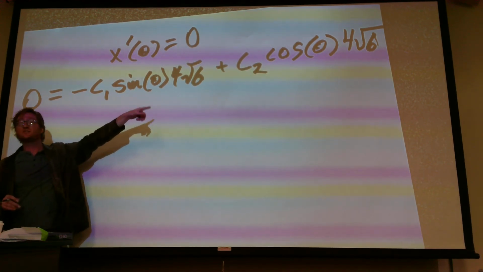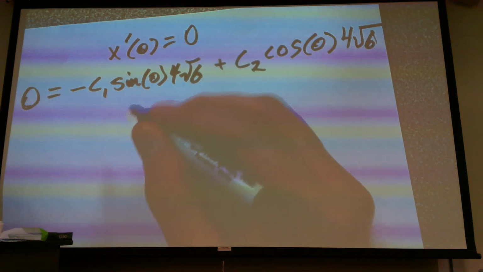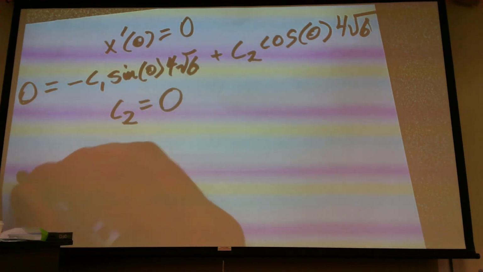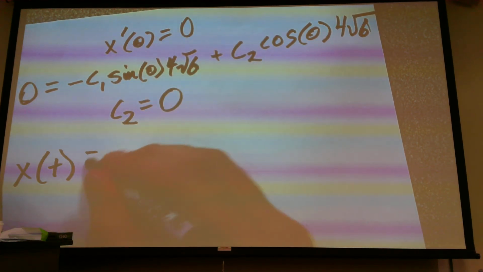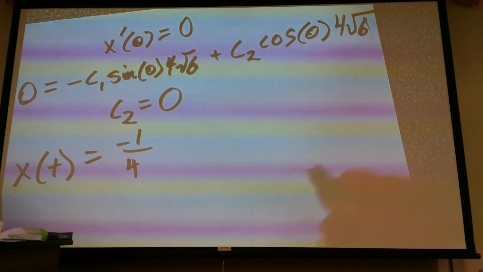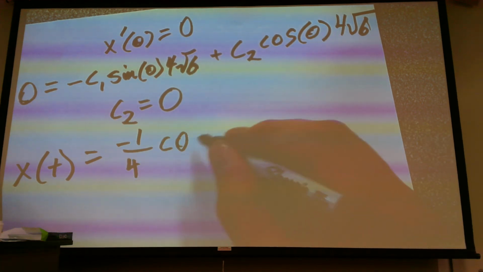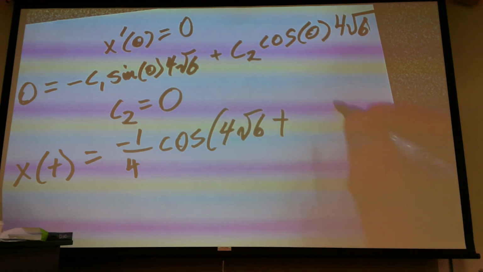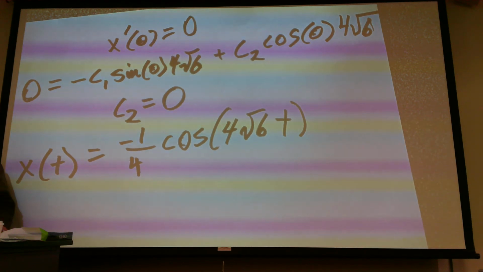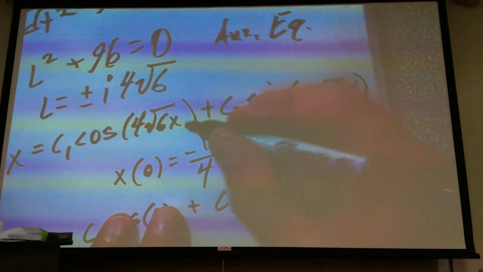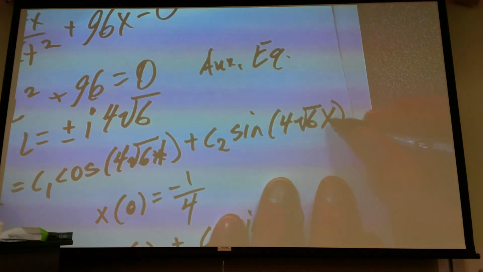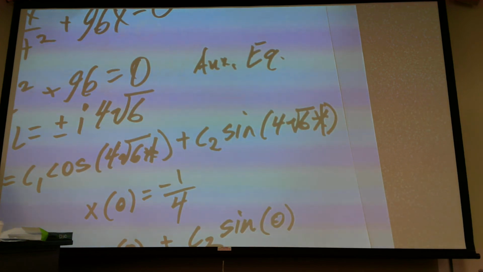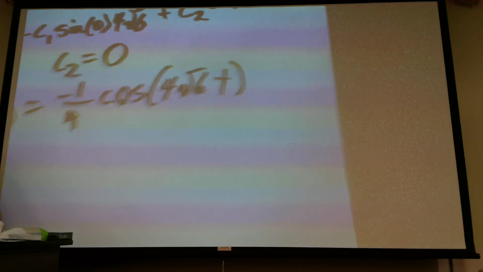So that's telling me that C2 is actually 0. So what that's telling me is that x of t is going to be negative 1/4 times cosine of 4 root 6 t. Oh, excuse me, these should be t's, because it's going to be a function of time.